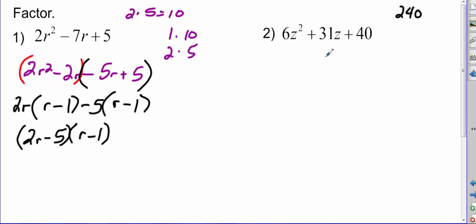So I worked a different direction on this one. I came up with 15 and 16. So all I'm going to do now is break up that 31, and then I can do my factoring by grouping.